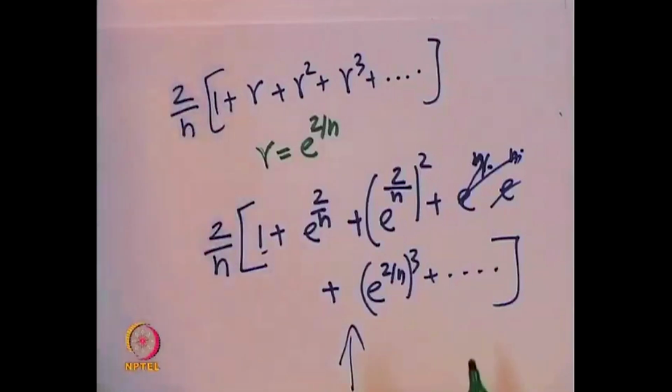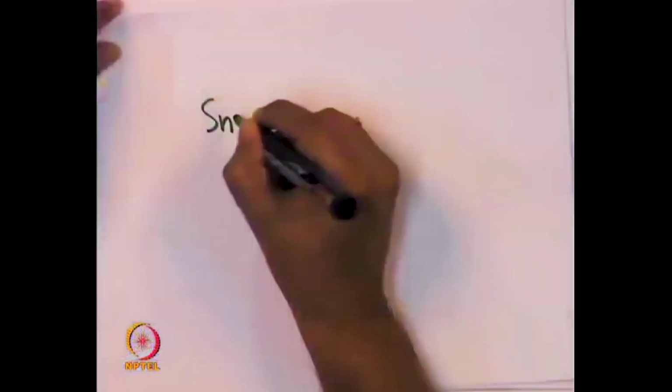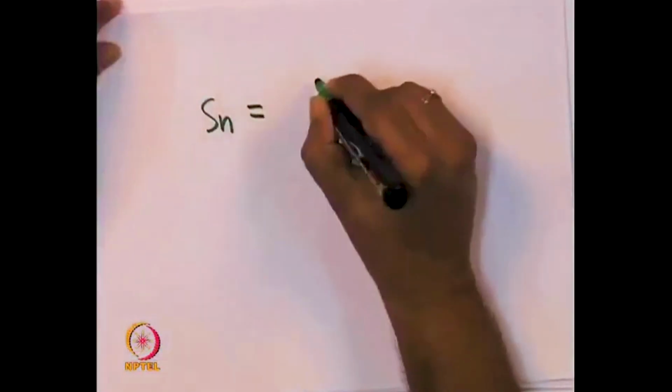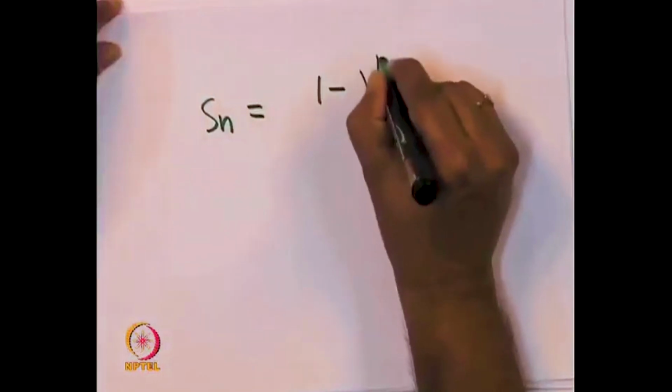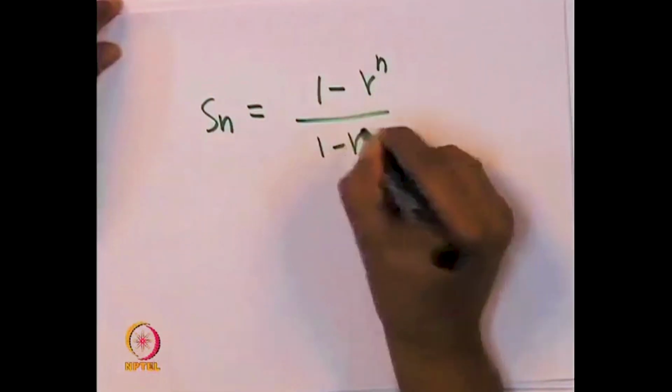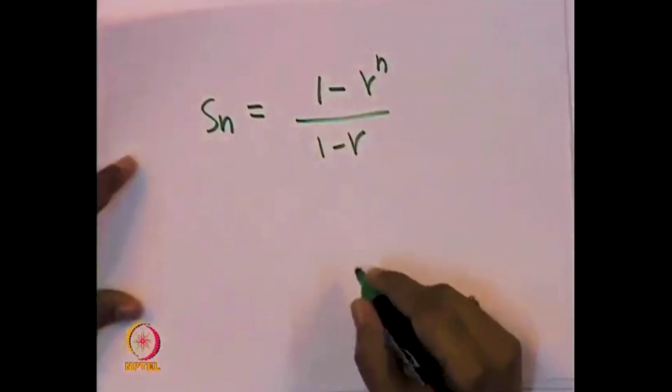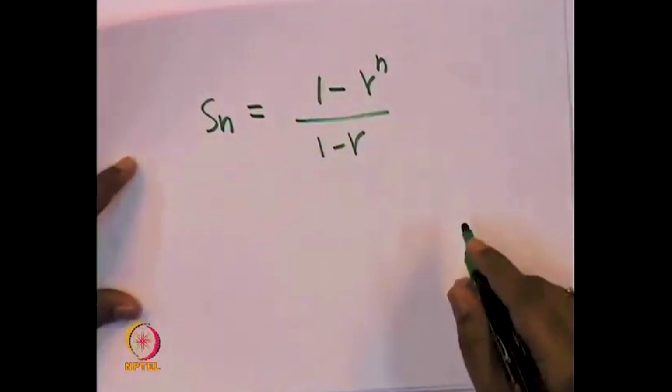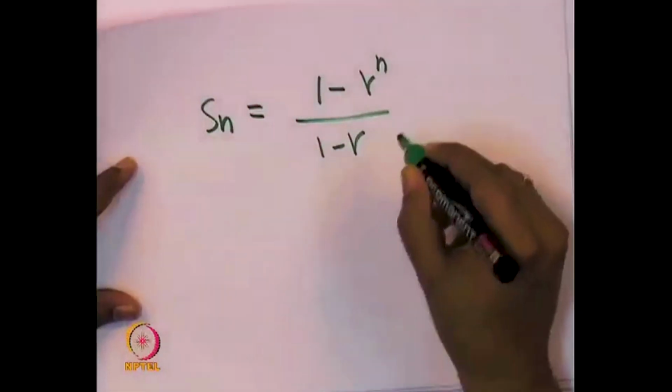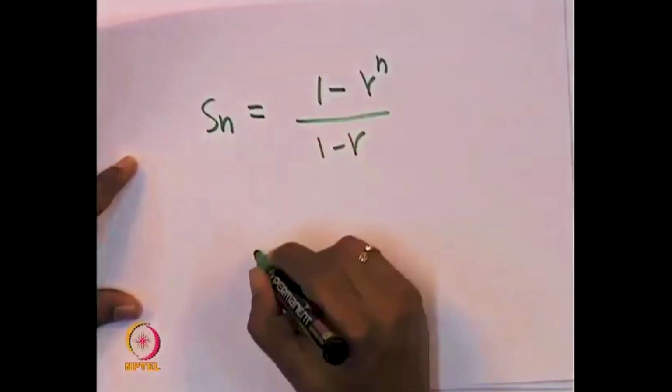The sum of a geometric series up to n terms, S n, is basically (1 minus r power n) divided by (1 minus r). We have learned this kind of formula.